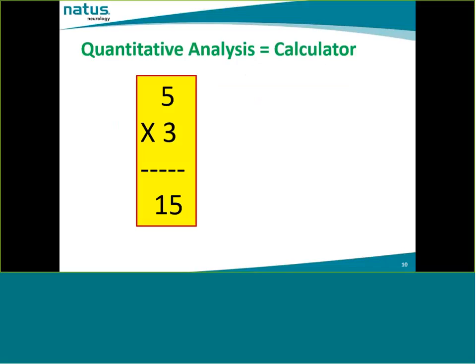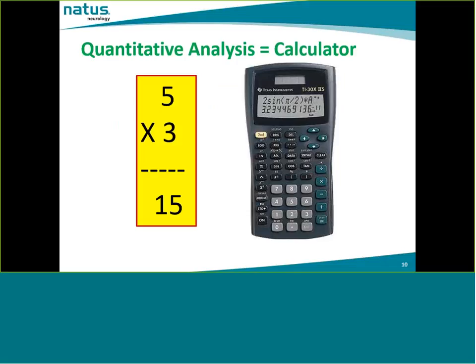Now, if you had a more complex problem, a more detailed calculation, such as shown over here, we could do it manually, but perhaps using a calculator will get us the correct result faster. So, whatever we can do in subjective assessment, we can also do by quantitative analysis. Quantitative analysis is just a faster method in certain problems.